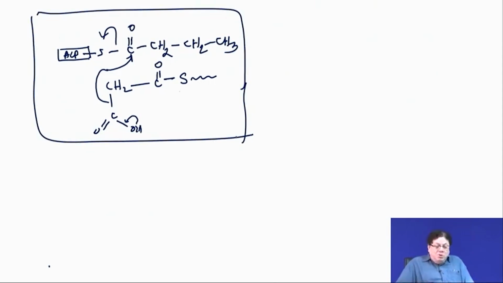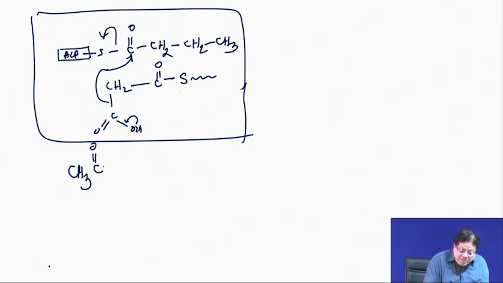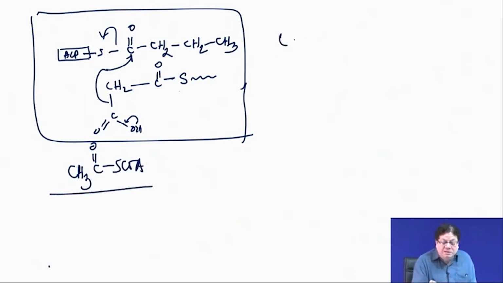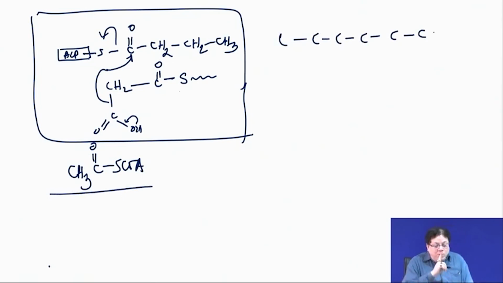That means, now I can figure out how many times acetyl CoA has been used to make this 6 carbon chain. Acetyl CoA was used only one time, the first reaction, and malonyl CoA was used in the first reaction, then the second reaction, then the third reaction and the fourth reaction.